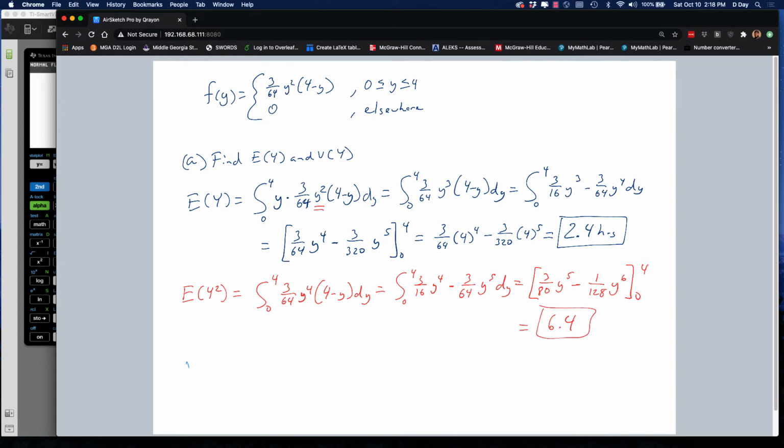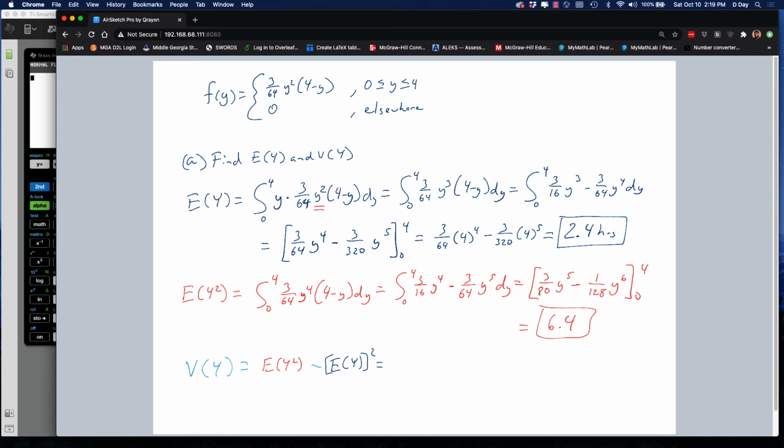So lastly, we need to find the variance because we'll need that in the future. The variance in this case is going to be, again, the expected value of y squared minus the expected value of y, all squared.